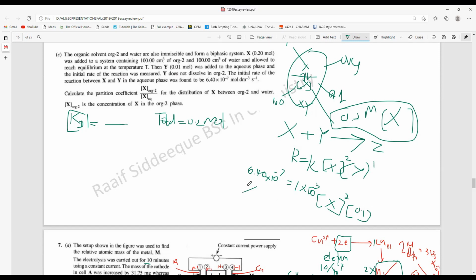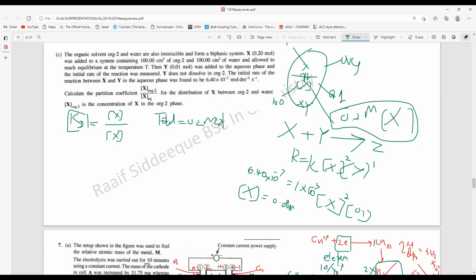From this, you can find the concentration of X. So when you find the concentration of X, you will get 8 into 10 to the power minus 2, so it is 0.08 M. And if you know the concentration of X here, in the organic phase, X organic, and then X aqueous, that is what you need to find.